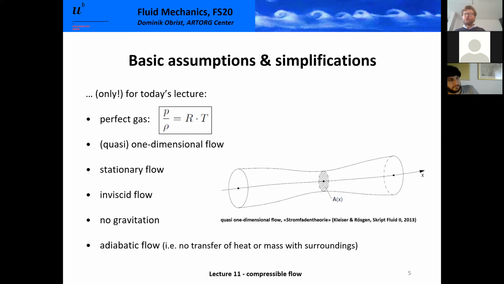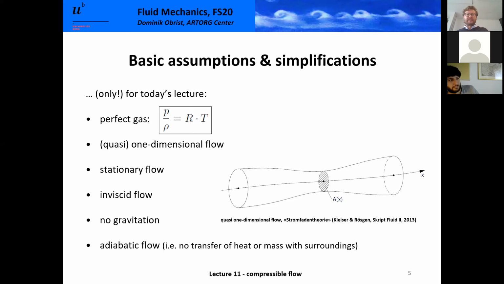So adiabatic flow means there's no exchange of energy with the outside. So the flows that we're considering are always closed systems. There's no transfer of heat or mass with the surroundings. These are just a few basic assumptions that we're going to use today.